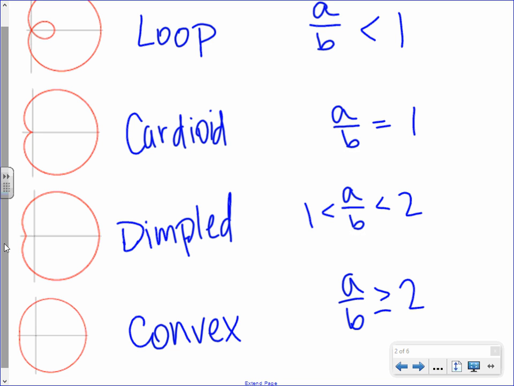These two right here do not go through the pole. So will these two limacons have zeros? No. These will not have zeros. These will. So, also good news, I'm not going to make you find the zeros. You have to tell me the number of zeros, but I'm not going to make you find the zeros for a limacon. Not always are they nice, and not always will we have them.